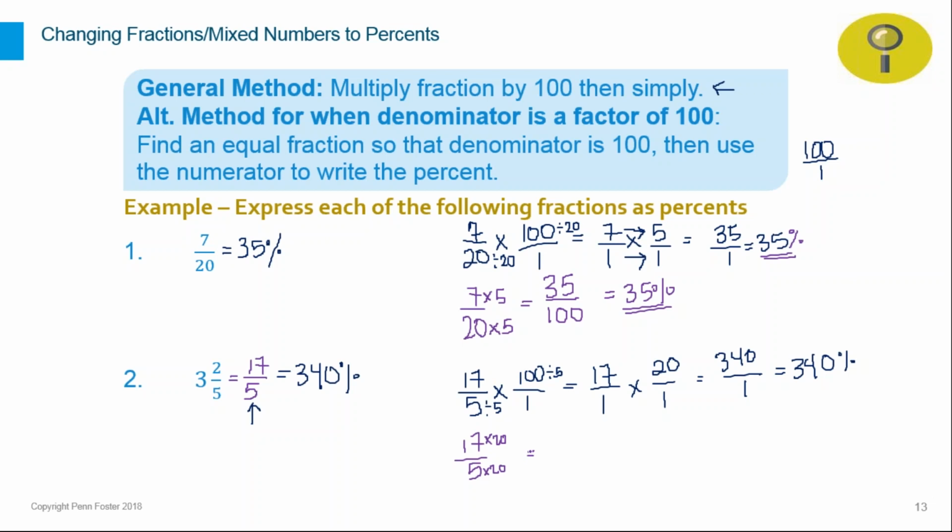Now multiply 17 times 20 will give you 340 over 100. Take the numerator and put the percent sign, and that will be your answer, 340%. So you have the two methods. Whatever is easier for you to use, makes more sense to you, you can use that. Other questions? Do you have any questions on this method?